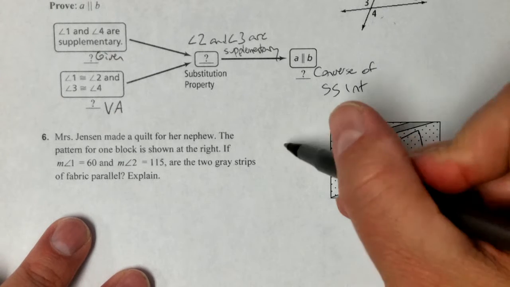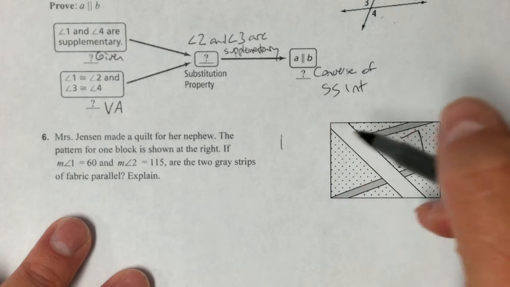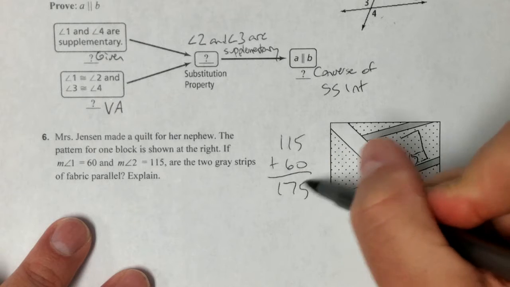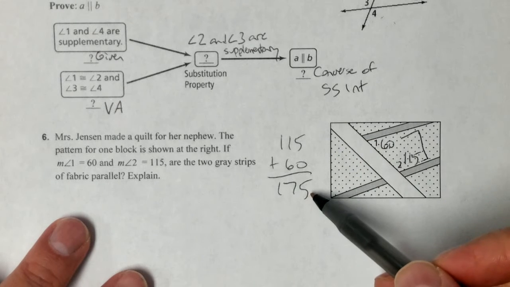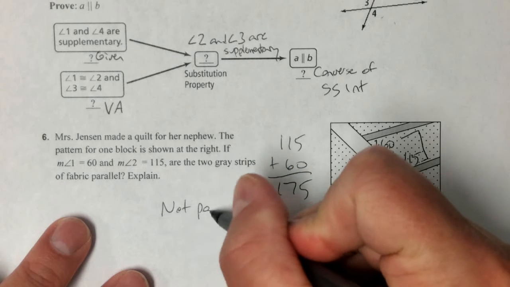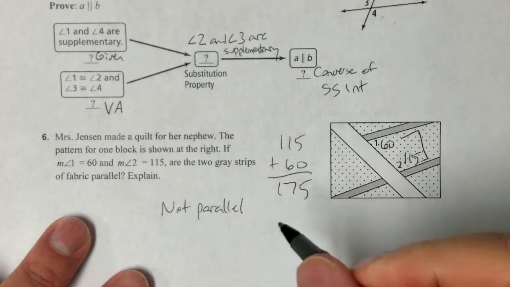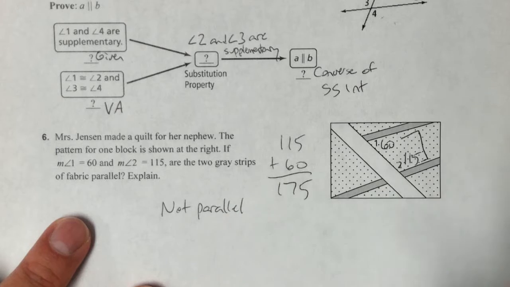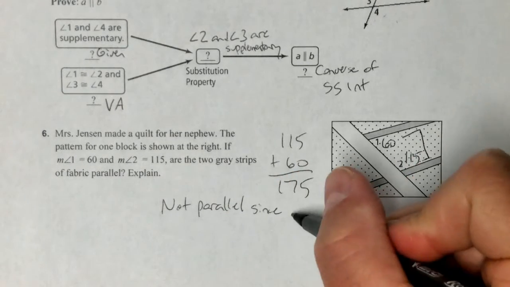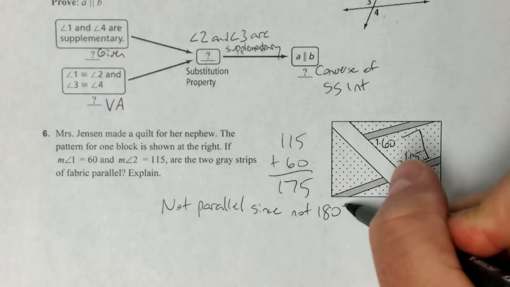Perfect. And so we get 115 plus 60 is 175. So that's not 180, so it's not parallel. Since not 180.